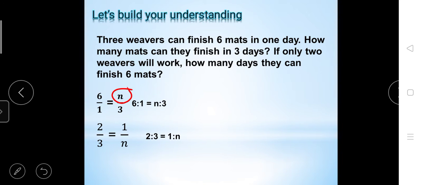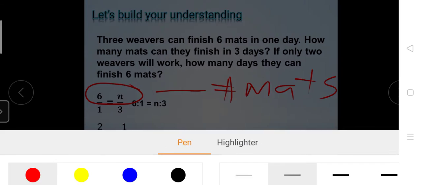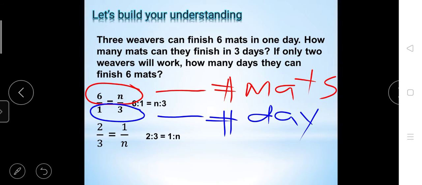Okay? This goes to show that on the numerator, it shows the number of mats. And on the denominator, it represents the number of days.